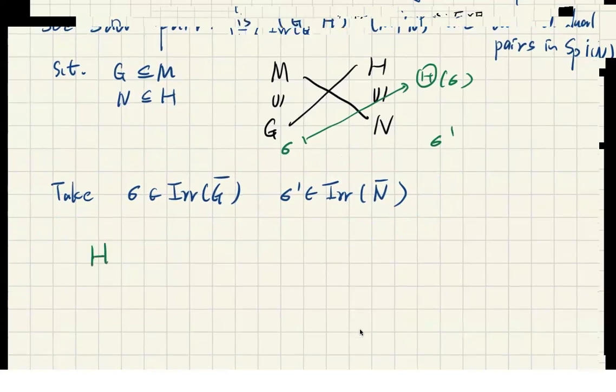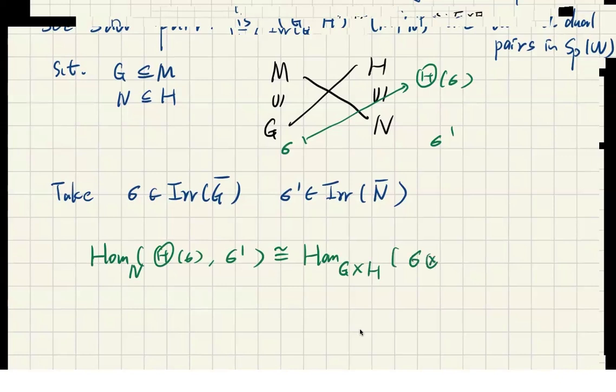So you are interested in this space as an N representation. This space is naturally isomorphic to, because sigma is an irreducible representation, Hom over G cross H of sigma tensor theta, sigma tensor sigma prime.